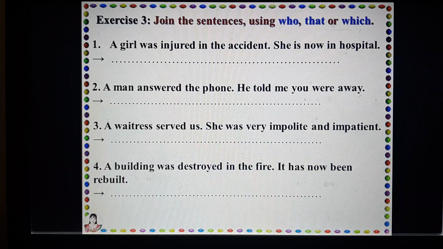It has now been rebuilt. Remember, sometimes you have to write the sentence in a logical order.